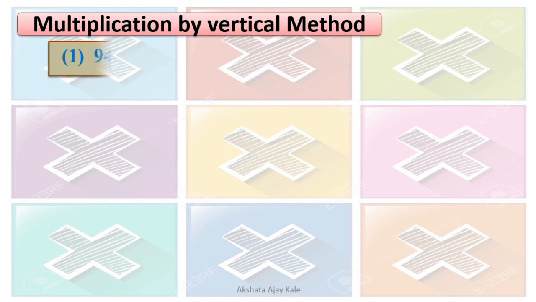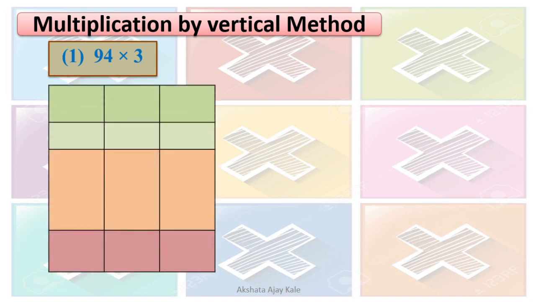The sum is 94 multiplied by 3. Okay, we will make a table. We will write unit place, tens place and hundreds place. Okay. And now you know that 4 we will write in the unit place, 9 in the tens place, multiplied by 3.